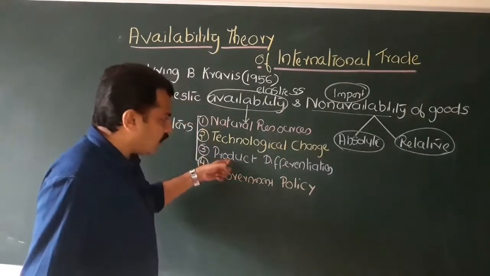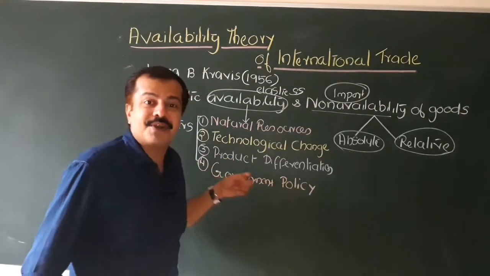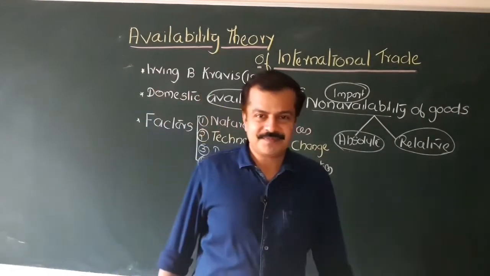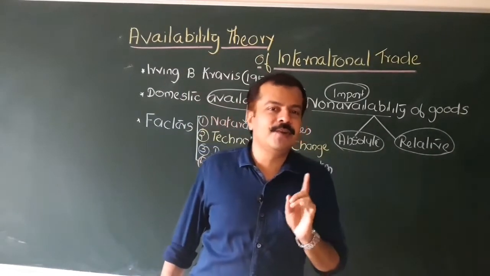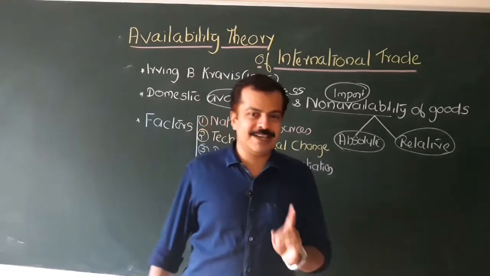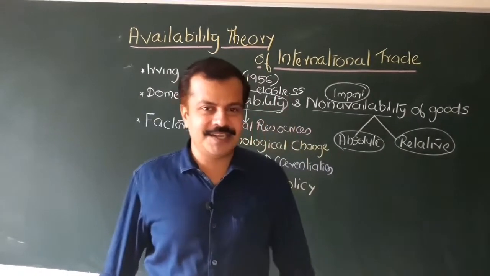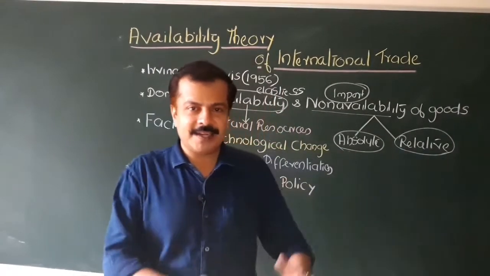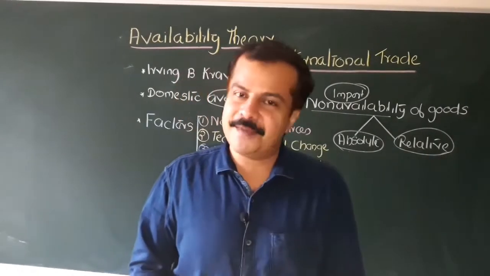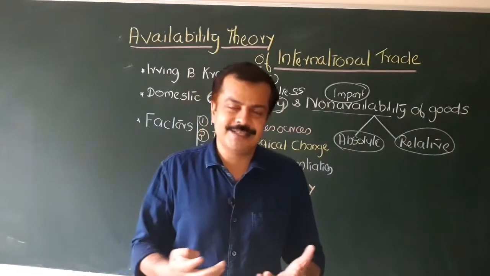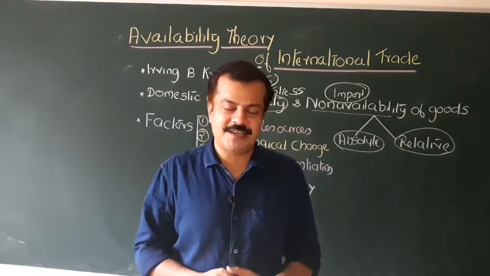Now we'll shift our focus to the third one, product differentiation. This is another issue not taken up by the Heckscher Ohlin model, because its inherent assumption is a perfectly competitive product market, where you are well aware that products are homogeneous, not differentiated.